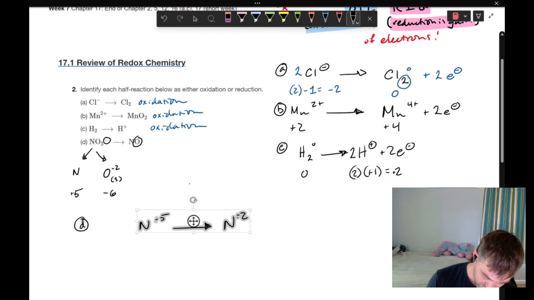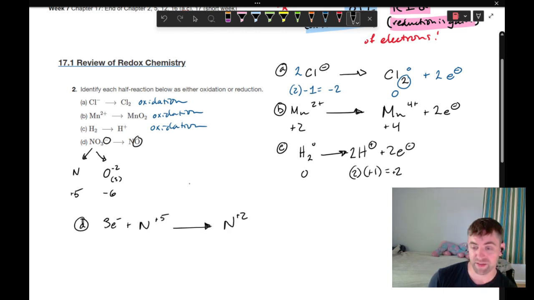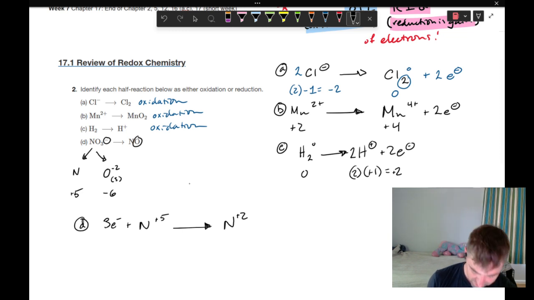In this case, we would need to add 3 electrons to the reactant side of this reaction in order to balance out these charges. And so because this represents a gain of electrons, nitrogen is gaining 3 electrons. This is a reduction.